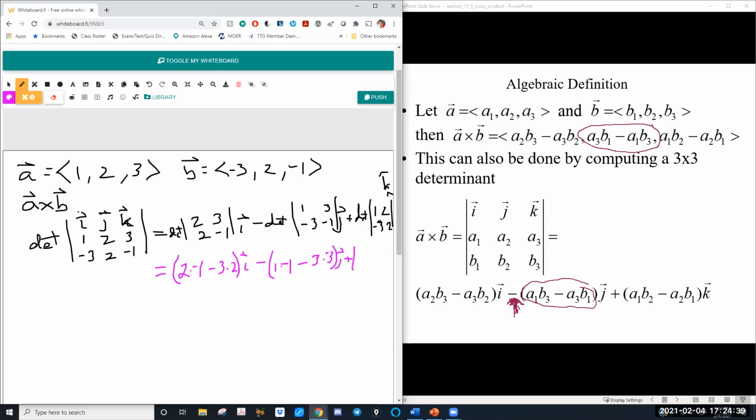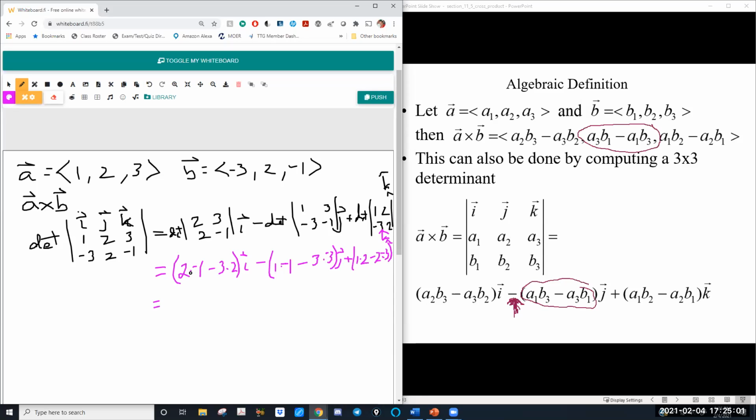Let's see if we can get this guy in here. 1 times 2 minus 2 times -3. Yep, I ran out of room again. And we know that the K goes right there.